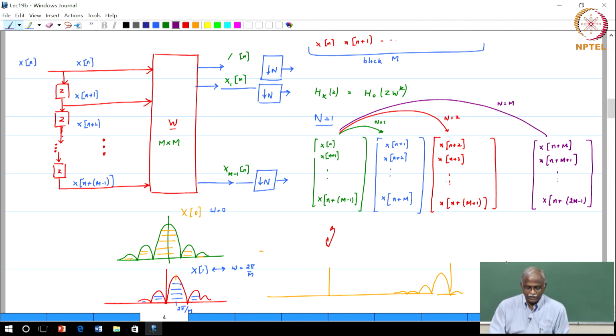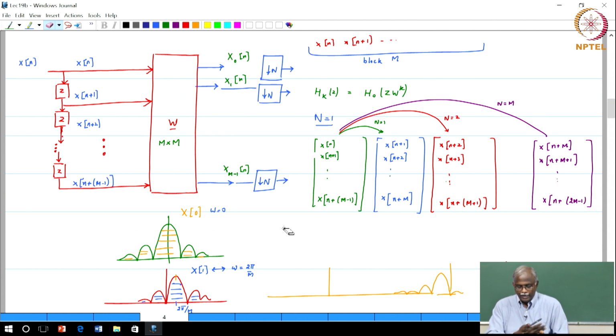So, I just wanted to leave with you the thought that this structure is actually a very powerful structure. It is one that we can use quite extensively to analyze the various DFT computations that we do, and it is a very flexible structure, and it gives us all of the types of overlap.